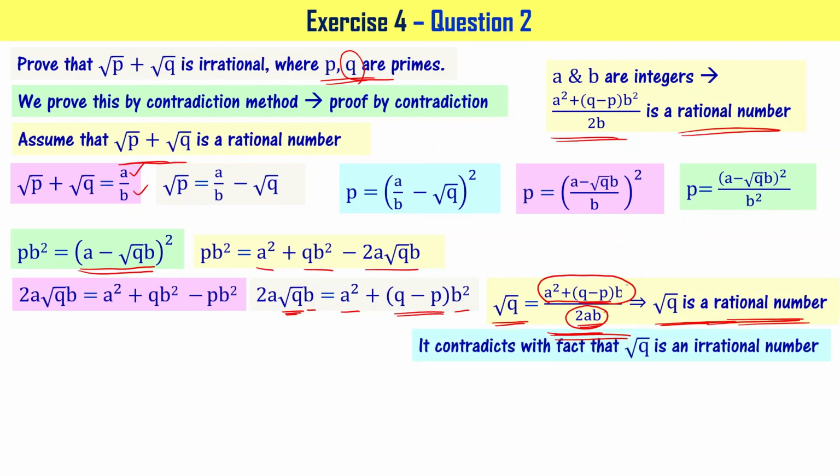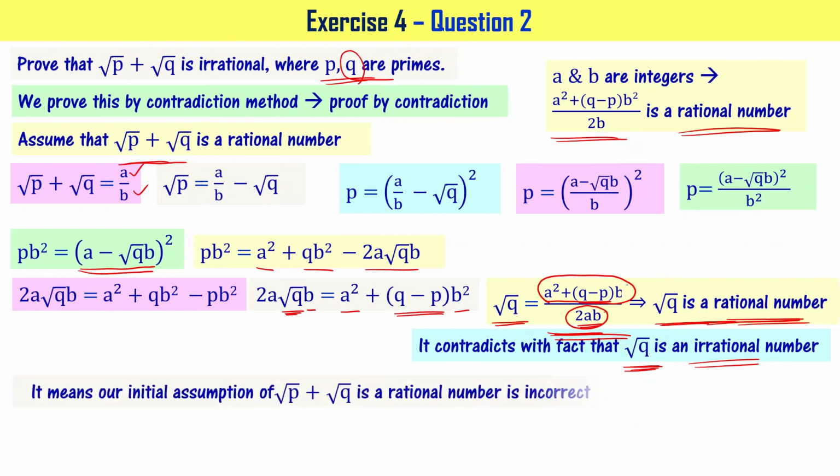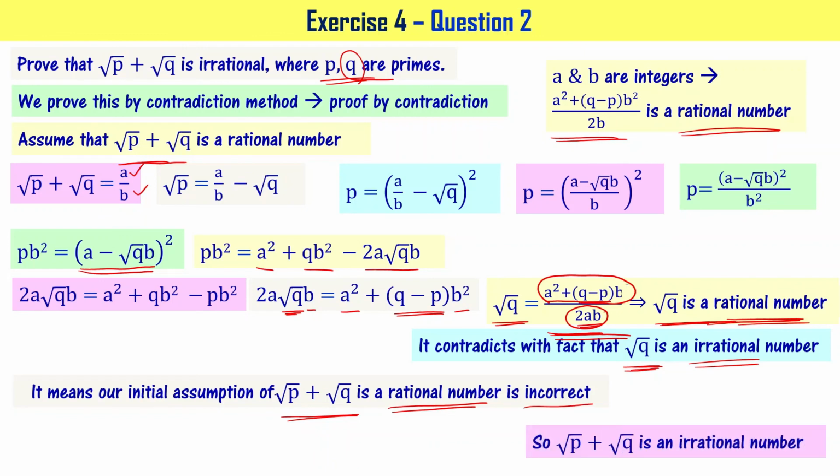That is contradicting with the fact that square root of q is an irrational number, because square root of a prime number is an irrational number, right? It essentially means that our initial assumption that square root of p plus square root of q is a rational number is incorrect. Hence, we say that square root of p plus square root of q is an irrational number. Got it?